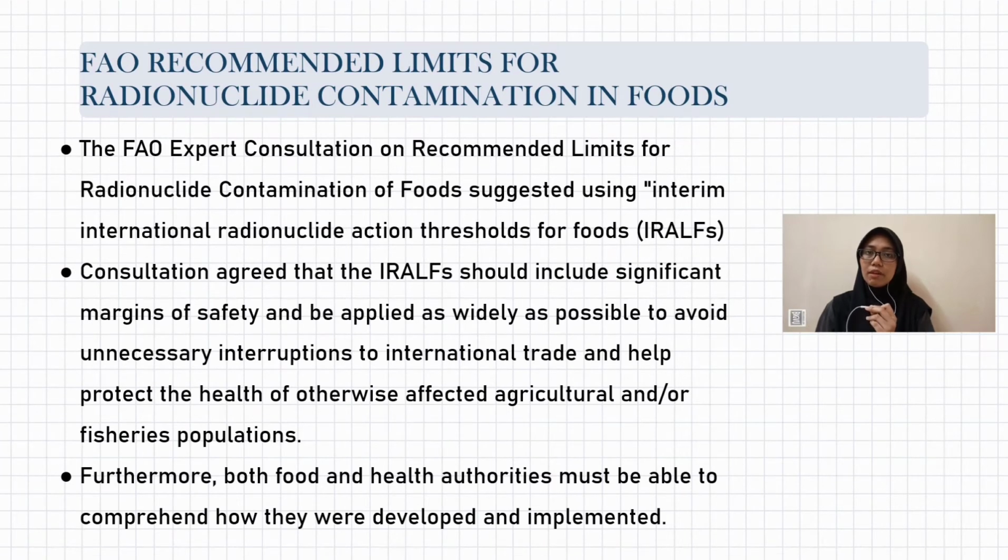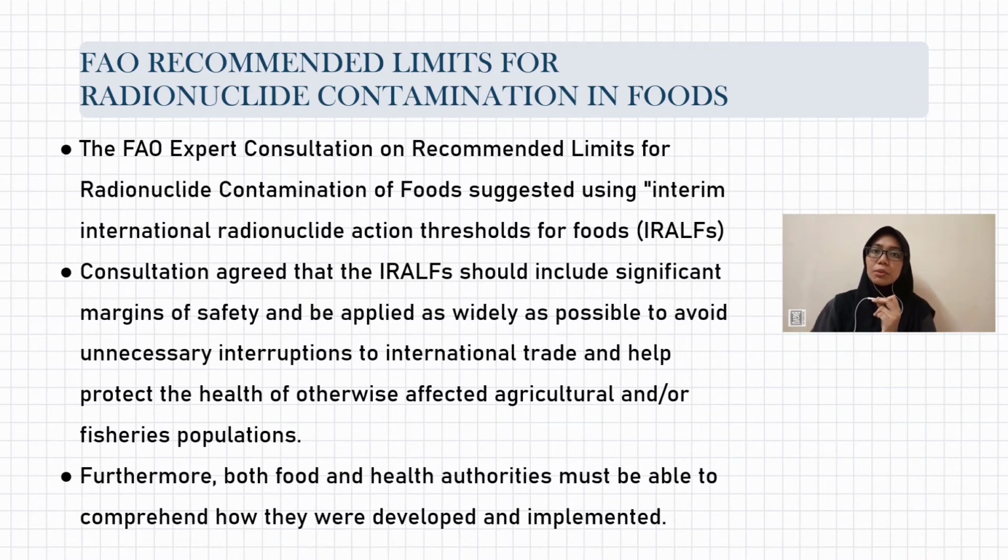Next is the FAO recommended limits for radionuclide contamination in foods. The FAO expert consultation on recommended limits for radionuclide contamination of foods suggested using interim international radionuclides action thresholds for foods (IRAFs).